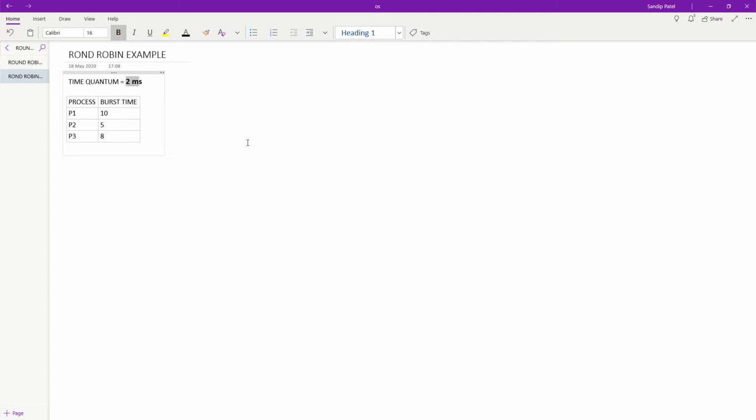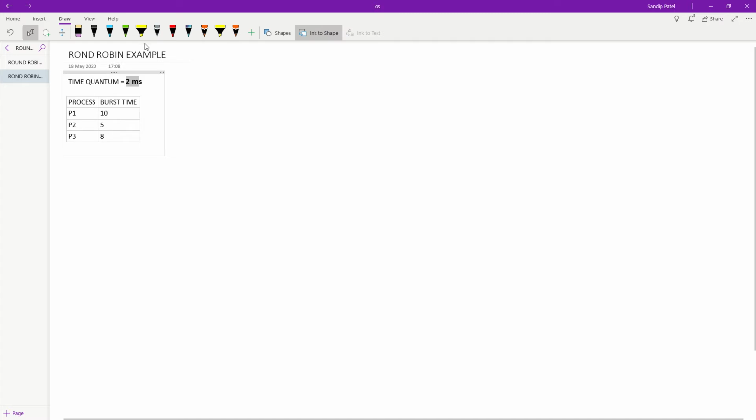Okay, so now we will start drawing the Gantt chart for the given algorithm. Now drawing the Gantt chart with this scheduling algorithm.